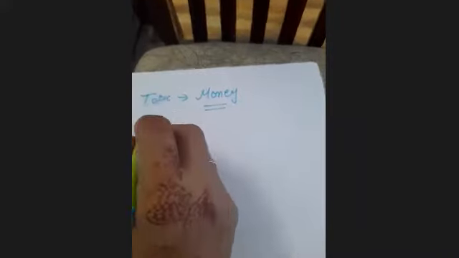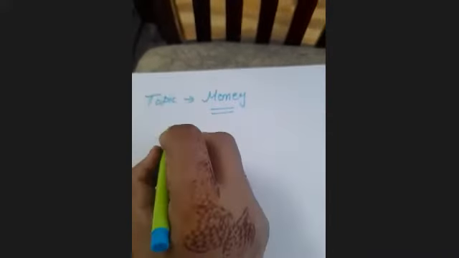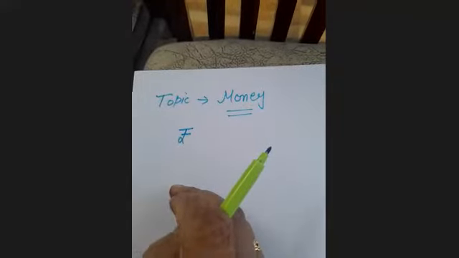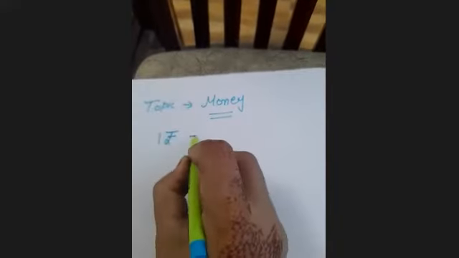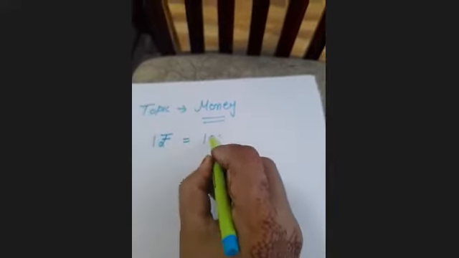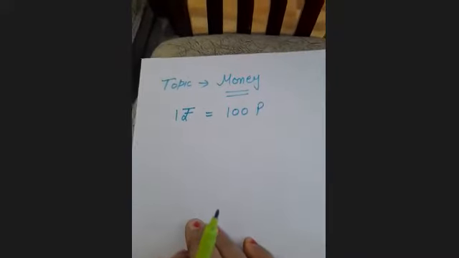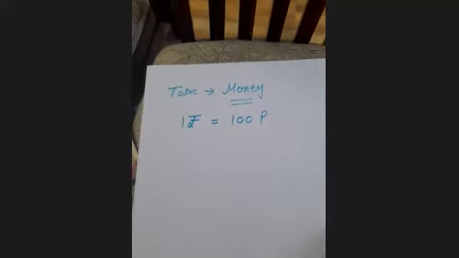Indian currency names are rupees and paise, and this is the symbol of rupees. Yes, friends, in 1 rupee we have 100 paise. 1 rupee is equal to 100 paise. Next is exercise 66.